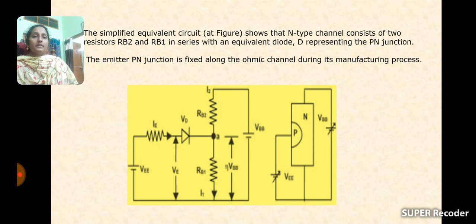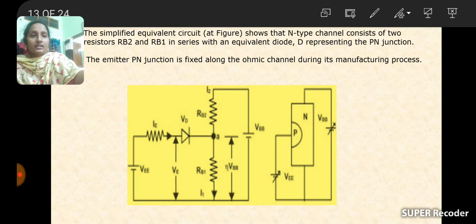And the emitter PN junction is fixed along the ohmic channel during its manufacturing process. So the simplified equivalent circuit shows the N-type channel consisting of two resistors RB1 and RB2 in series with an equivalent diode, and here D represents the PN junction.